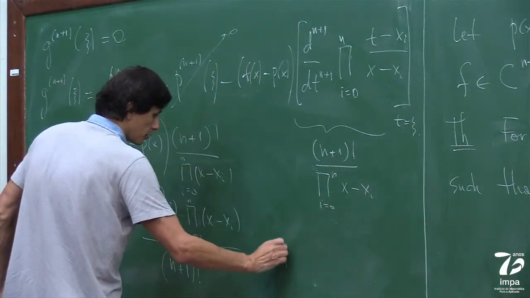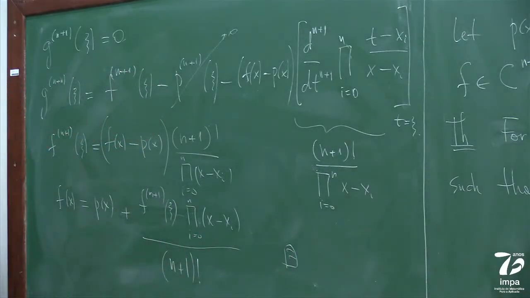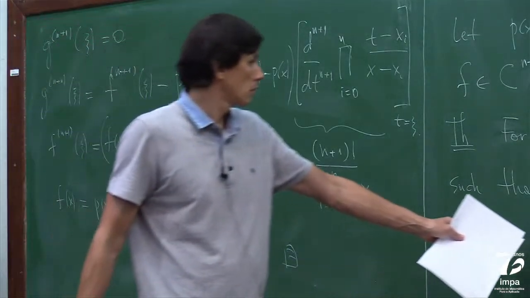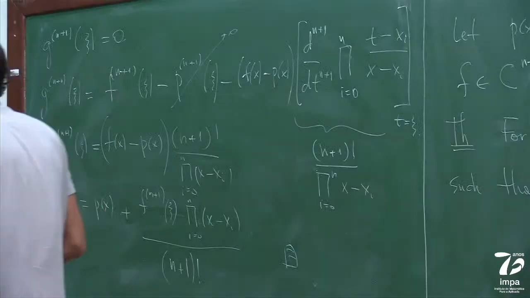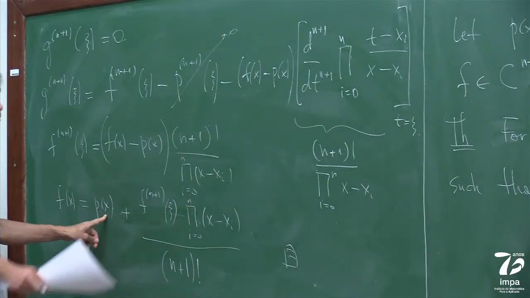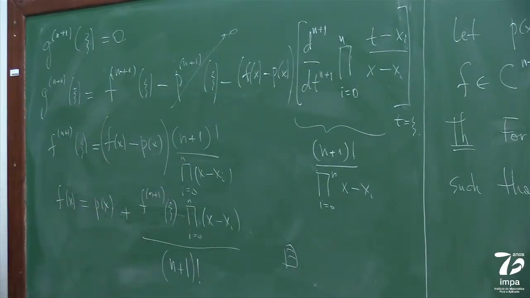So this is exactly what we wanted, our expression from the theorem. So we found psi, which depends on x, because by construction it was obtained for given x, and which gives this formula.